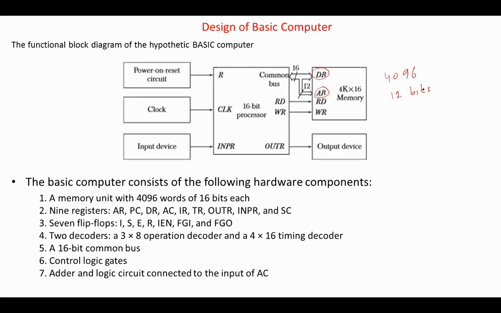In the CPU, we have 9 registers: address register, program counter, used to hold the address of next instruction to be executed, data register, accumulator, instruction register, used to store the instruction read from memory, temporary register, output register, input register, and sequence counter.